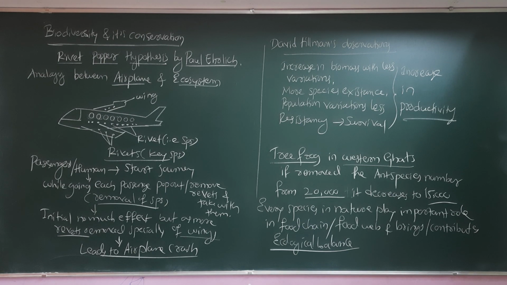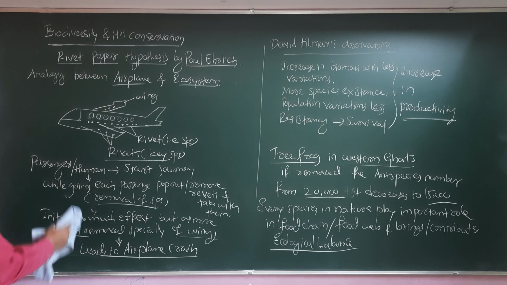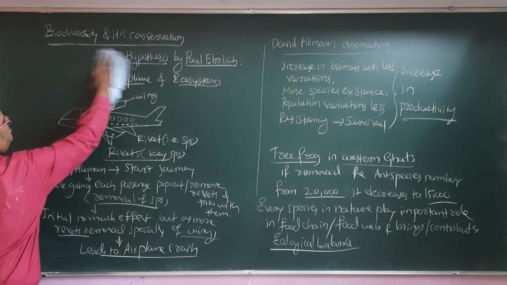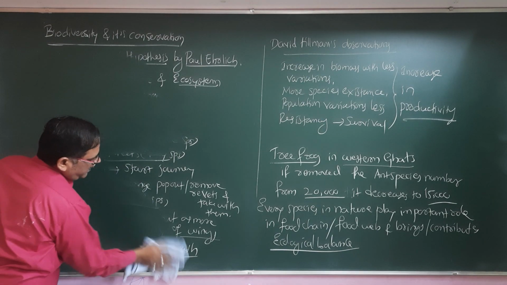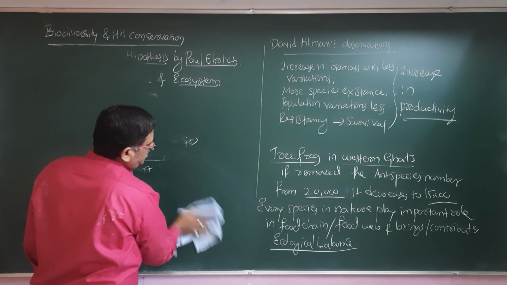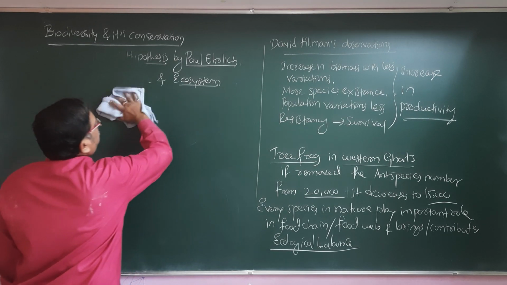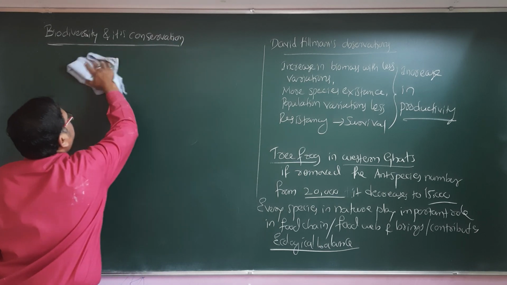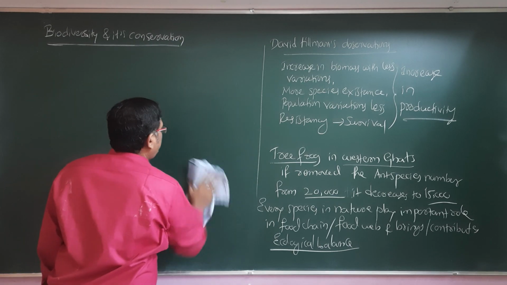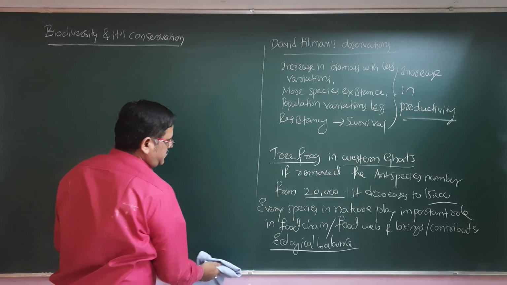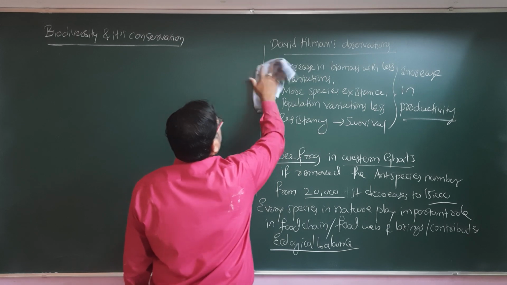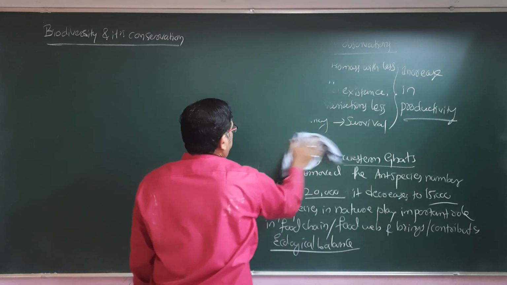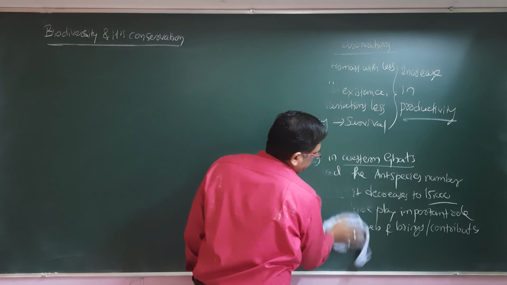Well, let us study further the loss of biodiversity. The next concept we are going to discuss is all about the loss of biodiversity. Why? What is the reason? Why are we losing diversity day by day? There are lots of important concepts we need to understand: species loss, and the rate of species loss.